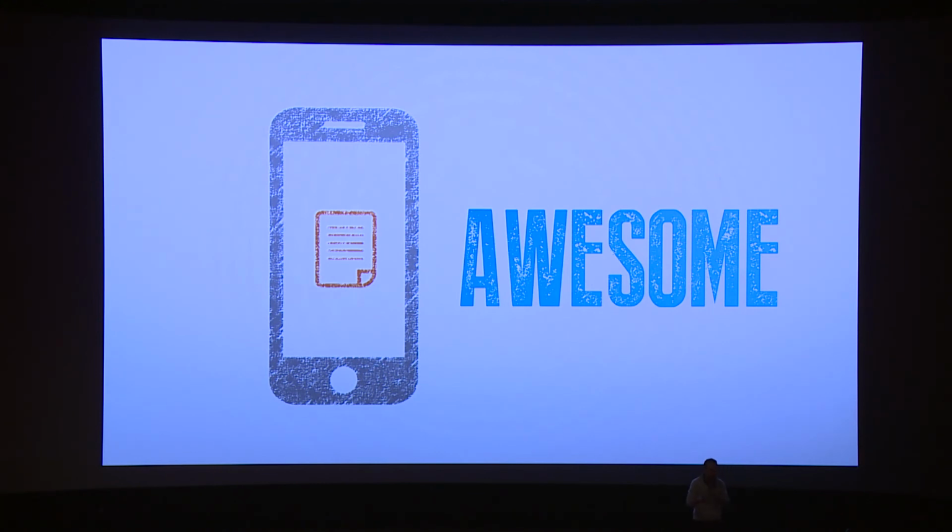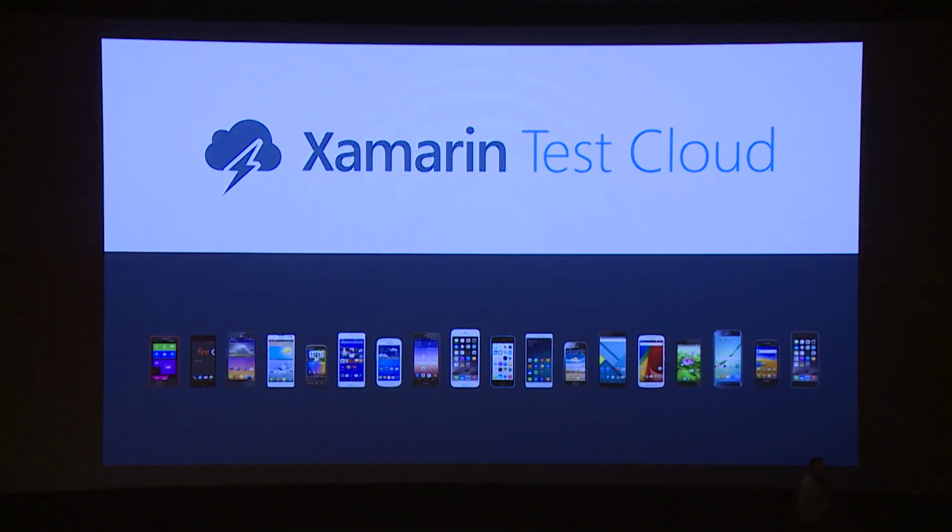But you still want to make sure that the features that you're building for the application still work for all those devices. And that's where something called Xamarin Test Cloud comes in. Xamarin Test Cloud is a cloud-based solution that has thousands of devices that you can remotely execute on, and we'll be leveraging that power to make sure that our application is running on all the devices that we want it to be running on.